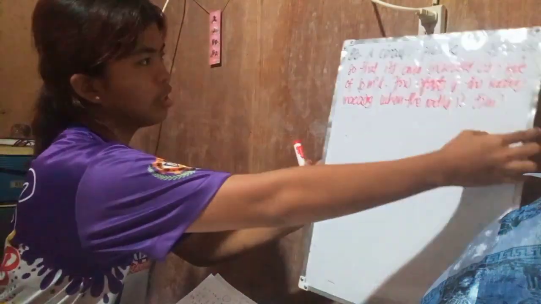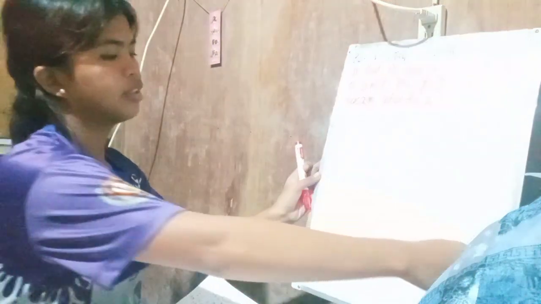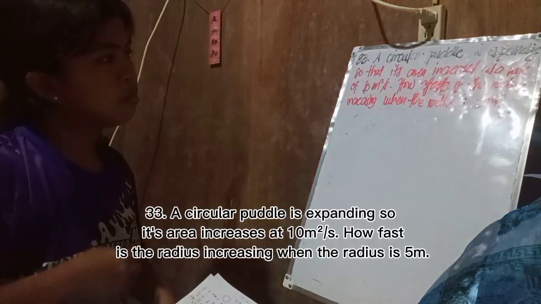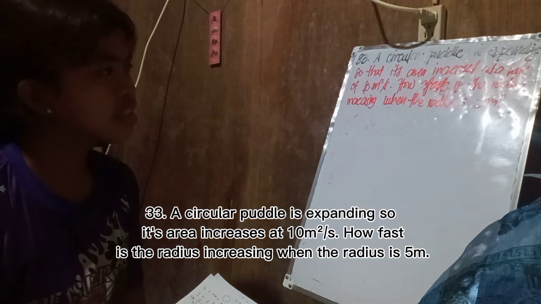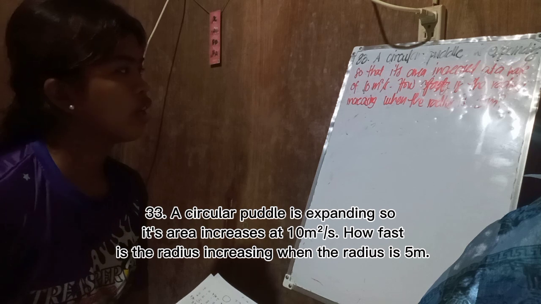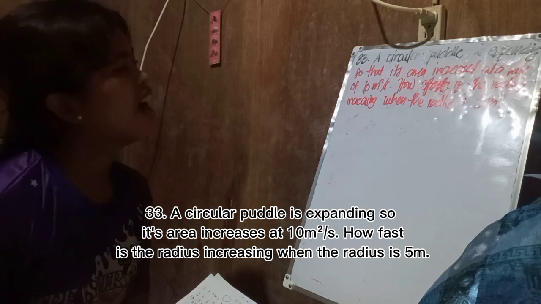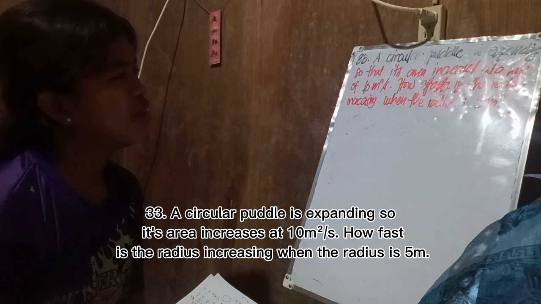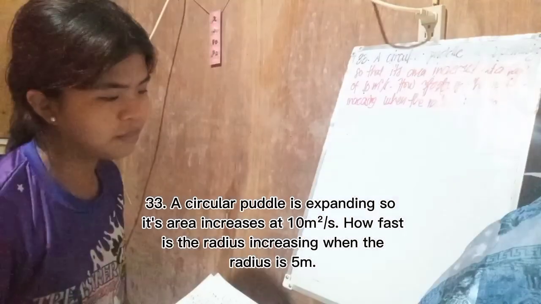So number 33. A circular puddle is expanding so that its area increases at a rate of 10 meters squared per second. How fast is the radius increasing when the radius is 5 meters?